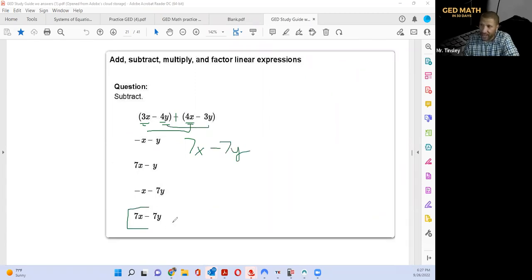This is why they have this answer here. But this is if I was adding, not subtracting. One of the biggest mistakes people make when simplifying expressions: if you have that subtraction sign outside of the parentheses, change the sign of everything inside. Got me?